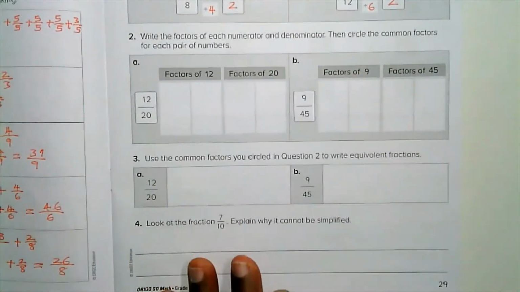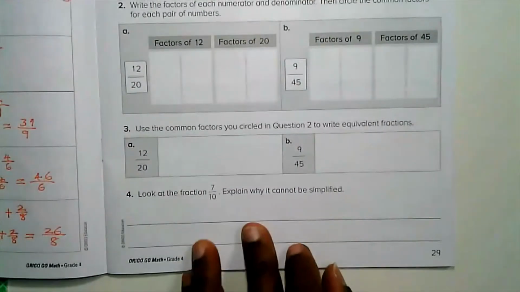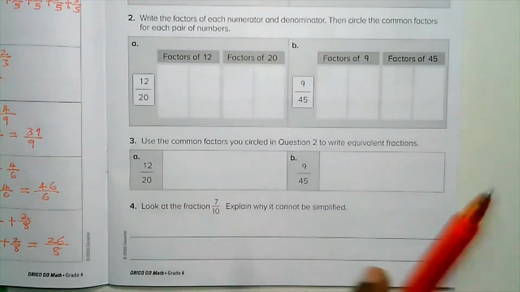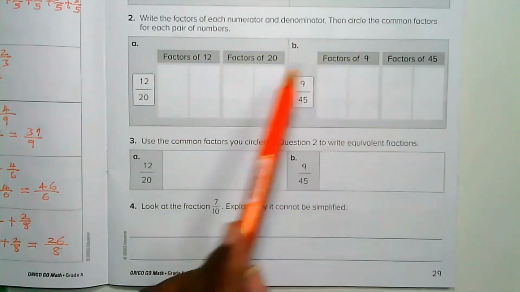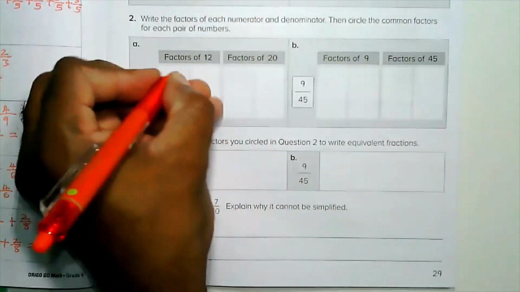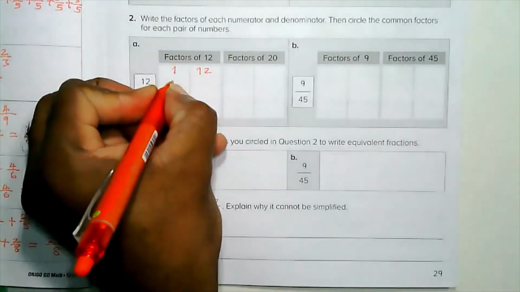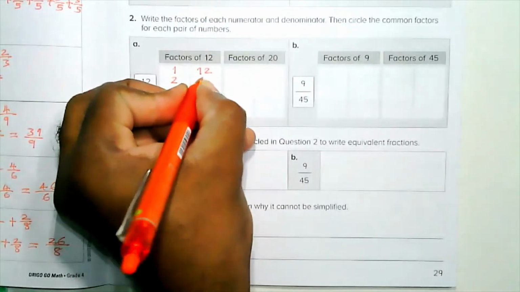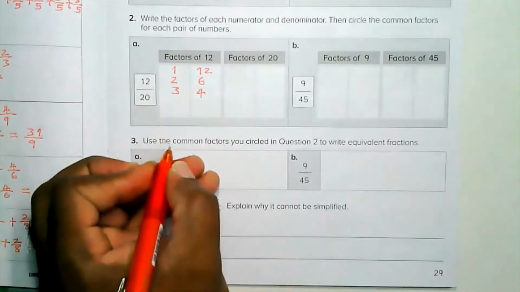Number 2. Write factors of each numerator and denominator. Then circle the common factors for each pair of numbers. So for 12, we have 1 times 12 equals 12. 2 times 6 is 12. 3 times 4.